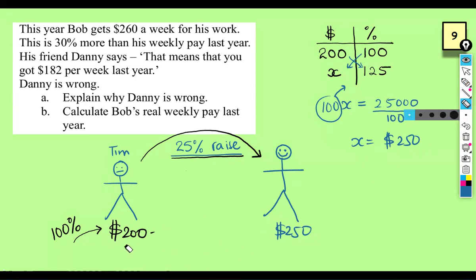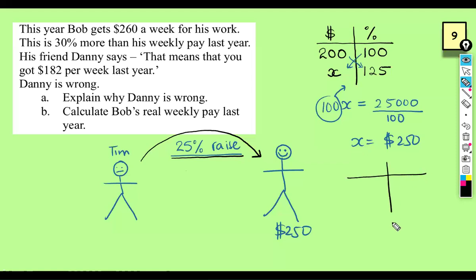But let's see if this works in the opposite direction. Now, let's see if we can get back the $200. So to do this question now, we start back here. Let's draw the cross. We have $100 on percentage. We start off with $250, right? Remember, this is after he got the raise.